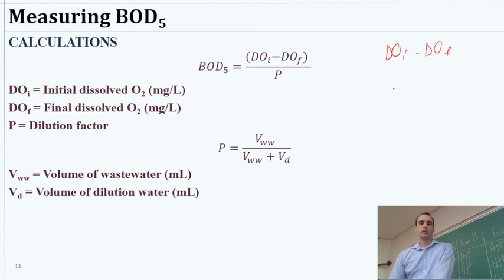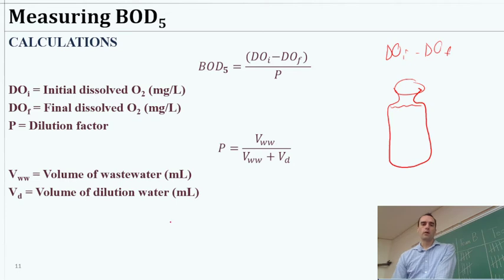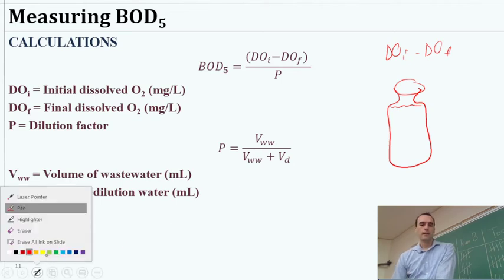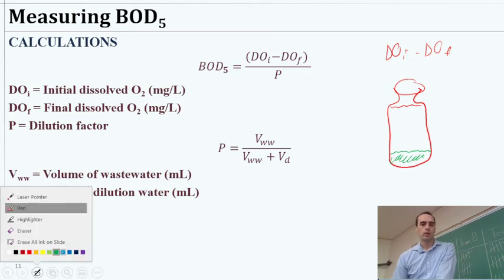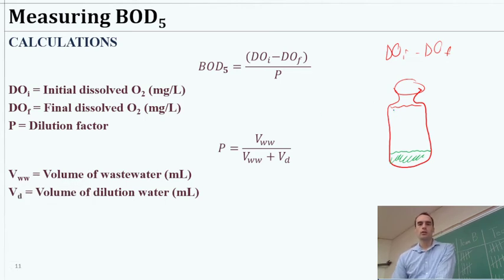So I think I might have a drawing for this, but if we were to draw a jar here, and it's filled with water, and let's say we've got 10% of it, we add the wastewater, and then we add some dilution water. And that should be pretty much clean water for the dilution, right?